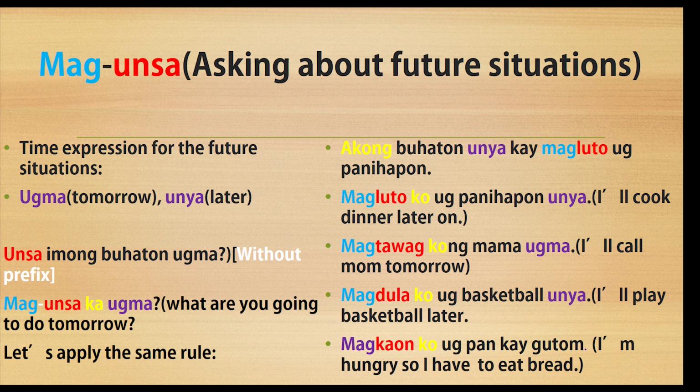This is the question without using the prefix. Remember, we are using the mag to ask the question unsa for the future situation. What are you going to do tomorrow? Magunsa ka ugma. Let's apply the same rule.